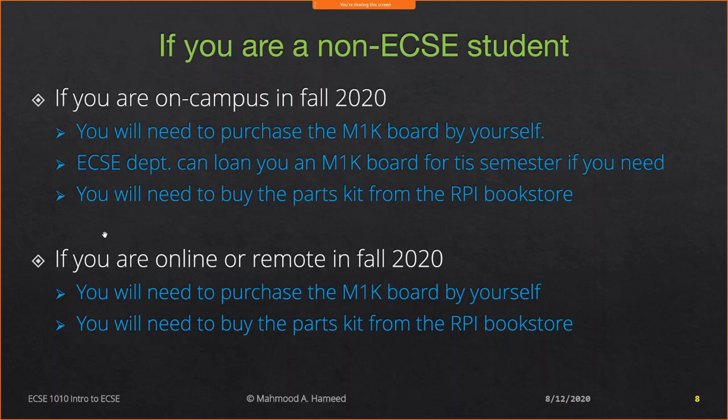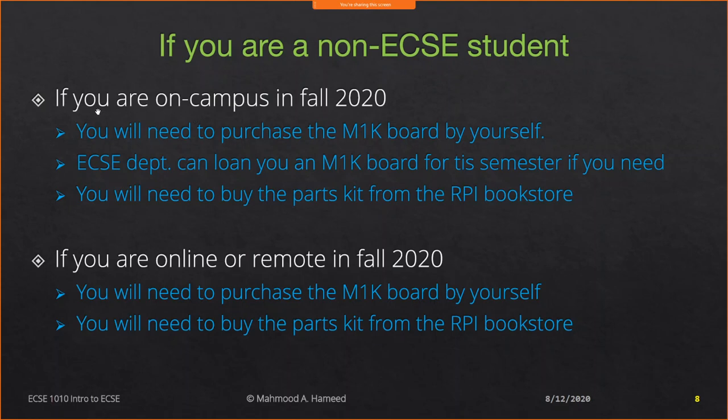For the M1K board, if you are on campus, the ECSE department can loan you an M1K board for the fall semester, and you will be expected to use it responsibly and return the board at the end of the semester. But if you are away from campus and you are a non-ECSE student, then you need to purchase the board by yourself. In the next couple of slides, I will show you the links.